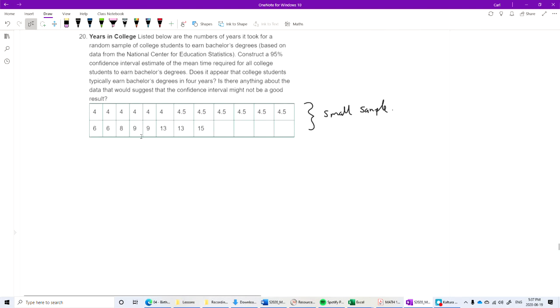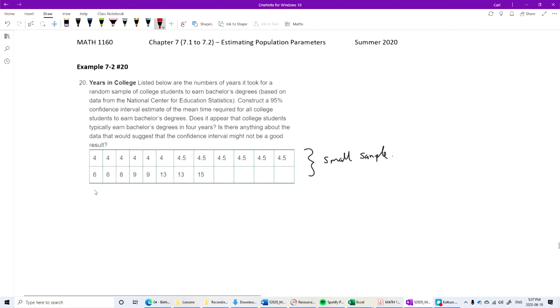Okay, so now for this one, we're going to make sure we do the requirements right at the beginning. Okay, what is the question? Years in college. Listed below are the numbers of years it took for a random sample of college students to earn bachelor's degrees. Construct a 95% confidence interval estimate of the mean time required, so the mean would be mu x, the mean time required for all college students to earn bachelor's degrees.